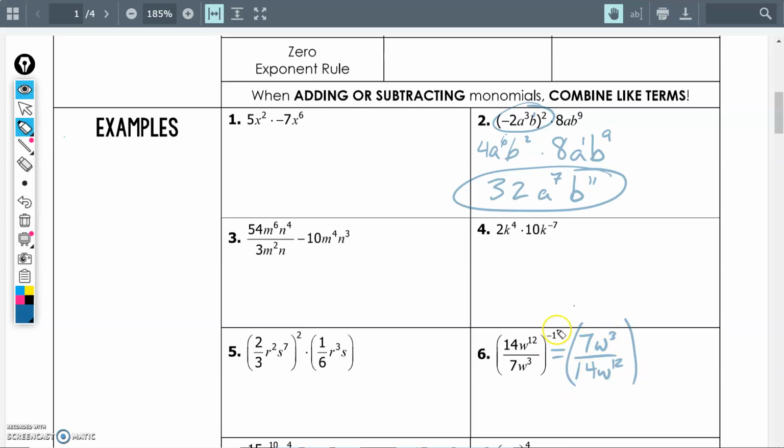But instead of raised to the negative 1 power now, it's just raised to the first power. Then we can do this division of quotient rule, divide coefficients, and we're going to subtract the exponents. 3 minus 12 gives you negative 9. So we're going to have 9 w's on the bottom, and that means there's a negative 9. That is it for that one.